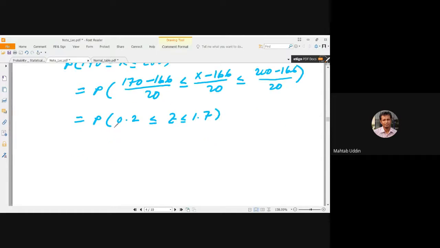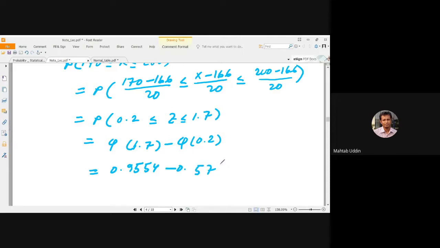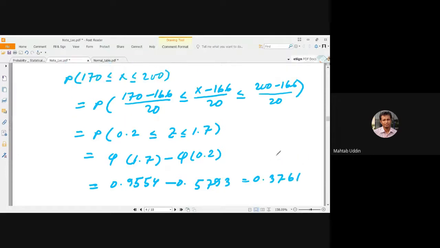Then very straightforward, phi of 2.0 minus phi of 0.5. From the table you can find those values. 0.9772 minus 0.6915. It will give us 0.2857. Do you understand? Yes, sir.